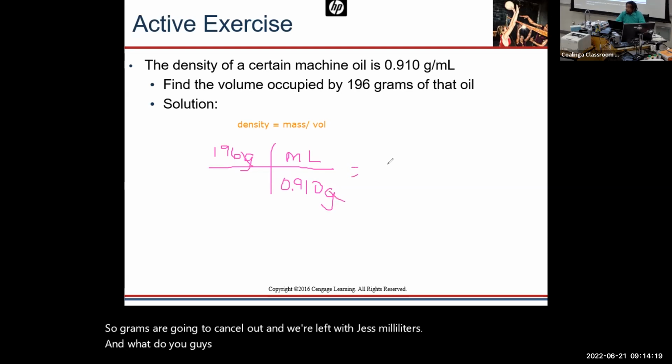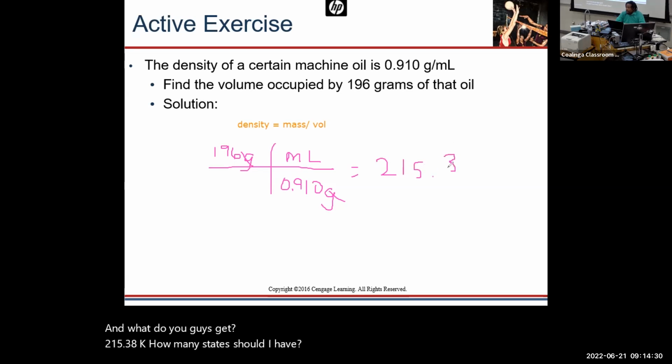So I got 215.38. Okay, how many sig figs should I have? I should have 3 sig figs.